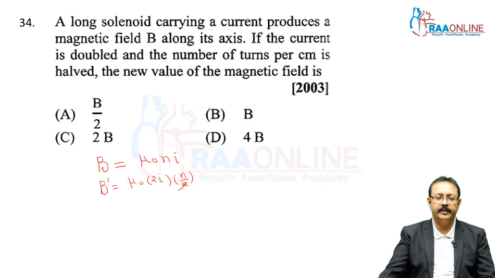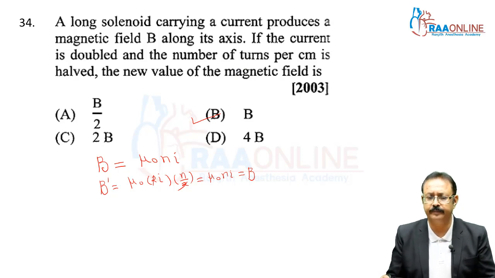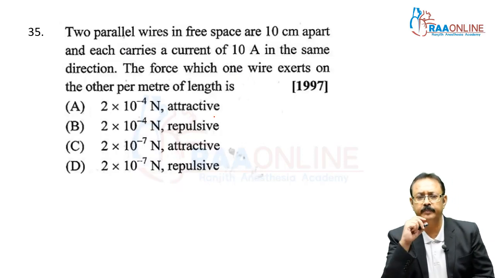The 2 cancels with this 2. It means there should be no change in the magnetic field. What it was previously, we are getting the same. So we are going with B option. So the 34th is B option.